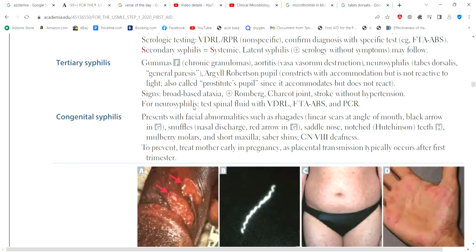Argyll Robertson pupil is when the pupil constricts with accommodation, but is not reactive to light. So what is accommodation?